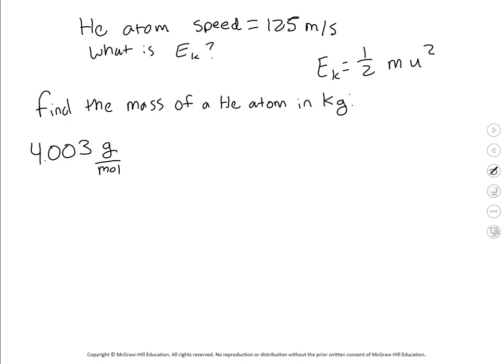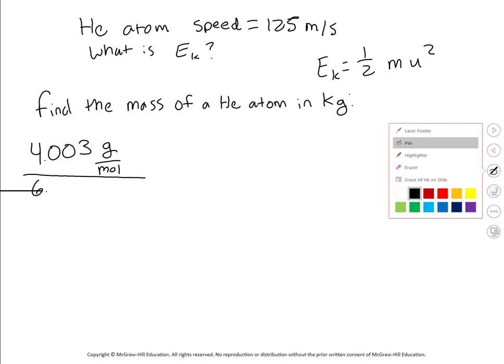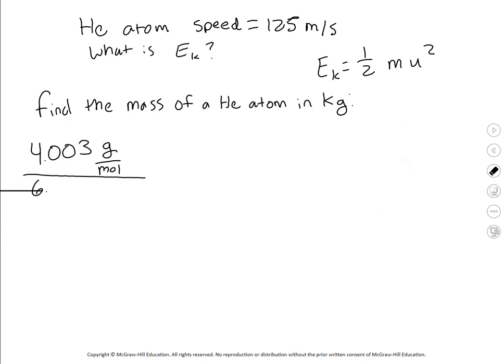Do I multiply by it or divide by it? Divide by it. So if this is for an entire mole, I just want 1 atom, and I divide by that number, 6.022 times 10 to the 23rd.